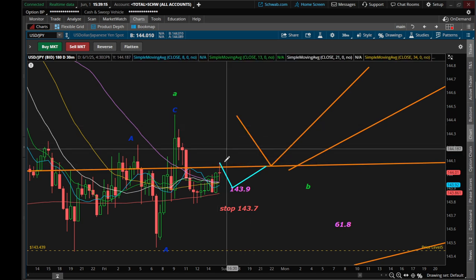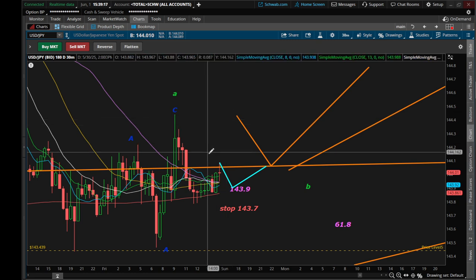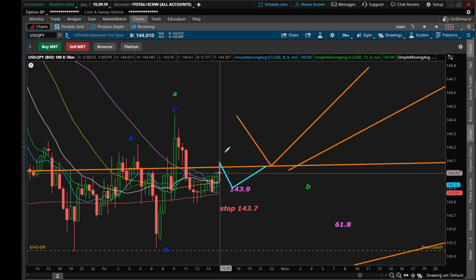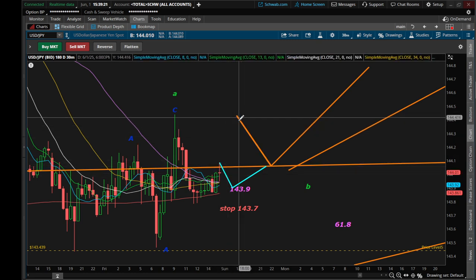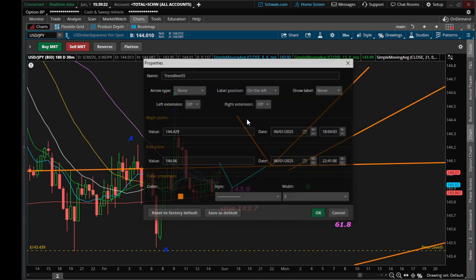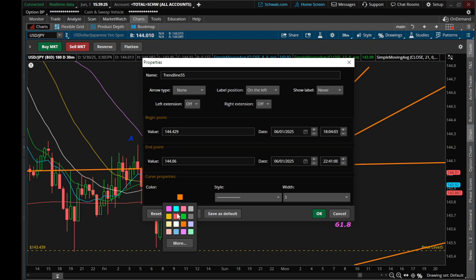Now, if indeed we gap up, because sometimes the trades are too obvious, they go ahead and gap us up over the weekend, then it's possible, and this one I'll just keep orange.